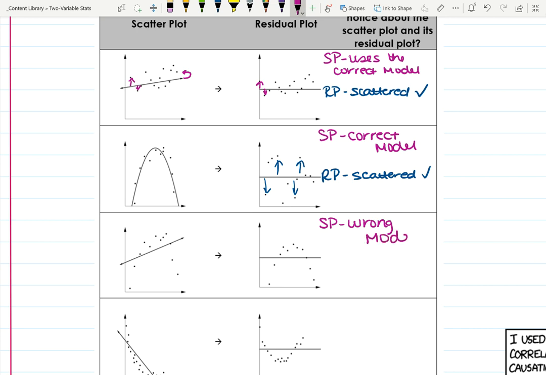And since it has the wrong model, when we look at our residual plot, we notice a shape. Shapes in residual plots are not good. That means that we fit something linear when we should have had something quadratic. So in the residual plot, we have a pattern. Pattern, no bueno.